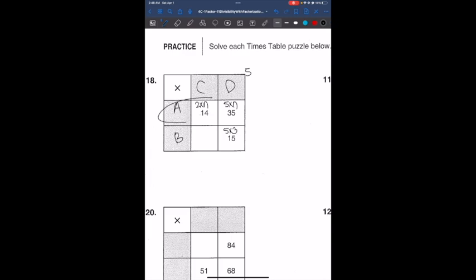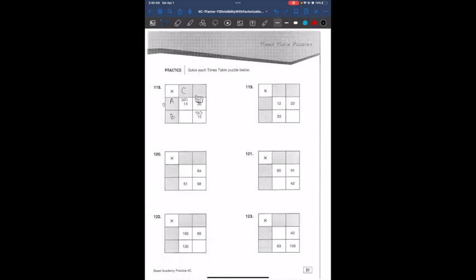And then for these two, we have 7 that's repeated, so we know that A must be involved with 7. And then to check, we know that D times A is 5 times 7, so we know that D is 5 and A is 7.